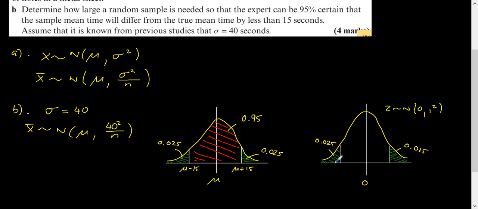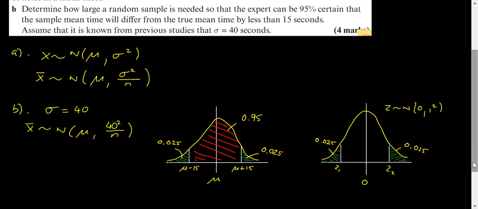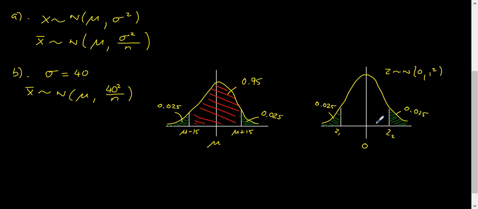I'll just call this Z1, Z2. Not that it makes any difference because you'll see through symmetry that Z1 and Z2 will be the same size, they'll have the same magnitude, but one will be negative, one will be positive. So we'll use the inverse normal. What's the probability that Z is less than Z1?